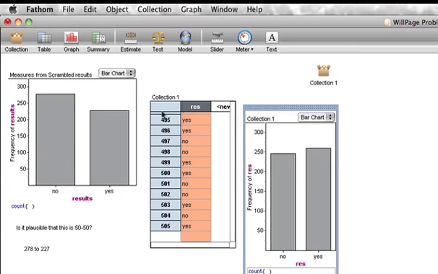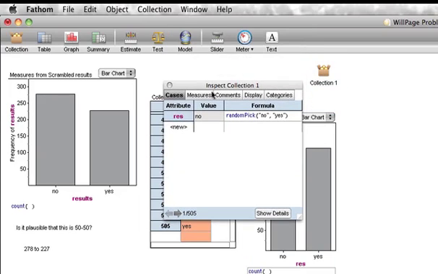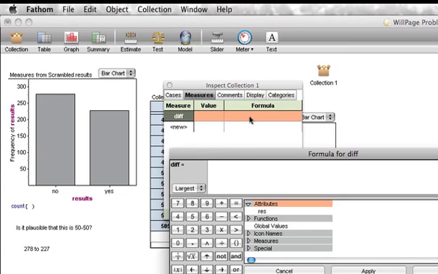Well, there are a number of different ones, but the one I'm going to pick is the number of no's minus the number of yeses. So I'm going to take my collection here, and I'm going to create a measure. And I'm going to call it diff, and I want the number of no's minus the number of yeses. So to get that, I do count of res equals no, and I put on the outside of the parentheses minus the count of res equals yes.